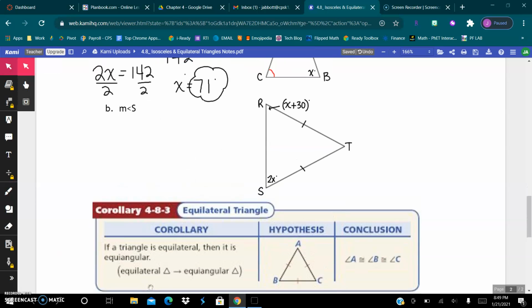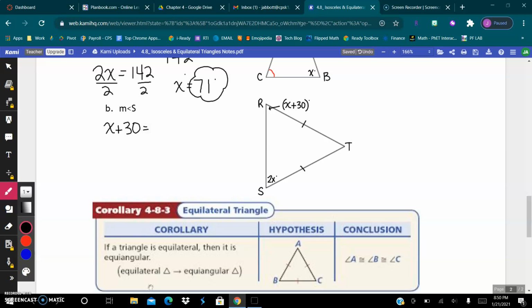For the next one here, we have to find the measure of angle S. So again, we're shown that the two legs there are congruent. So we know those two base angles are equal to each other. So I know that x plus 30 is the same thing as 2x. And I'm going to solve for x.